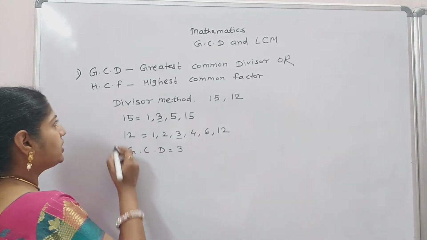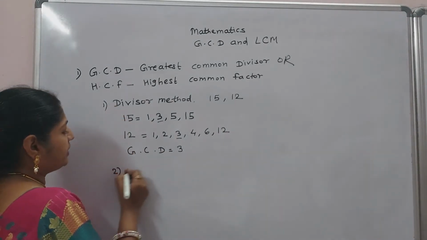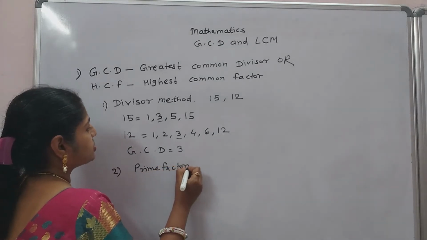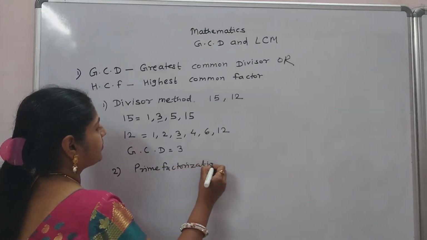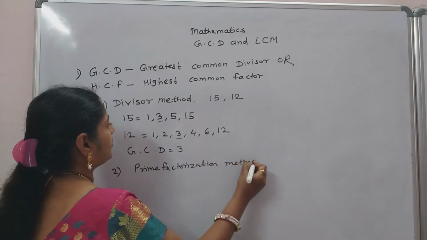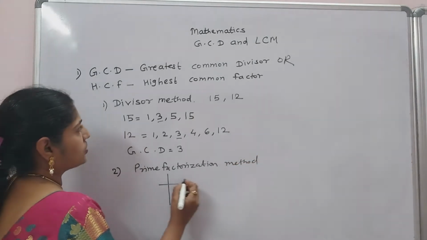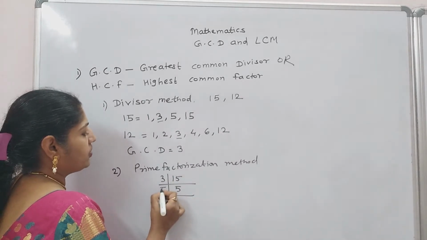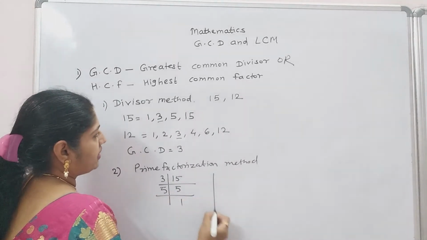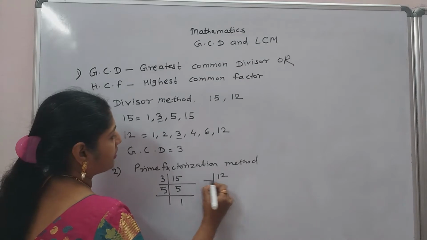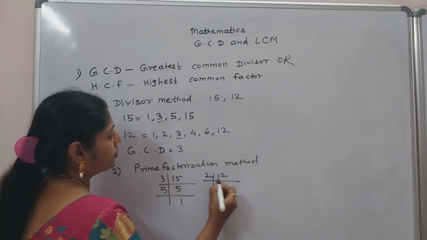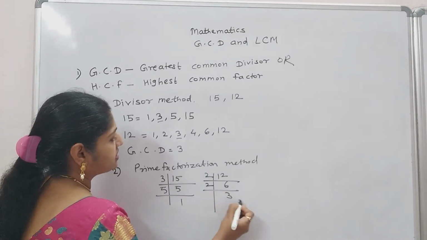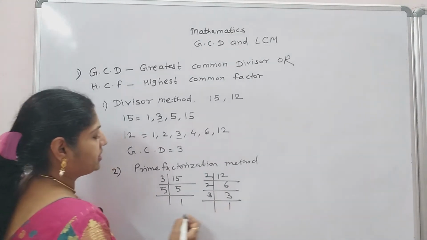Now another method, the prime factorization method. Find the factors of 15: 3 fives are 15, 5 ones are 5. Factorization of 12: 2 sixes are 12, 6 divided by 2 is 3, 3 divided by 3.